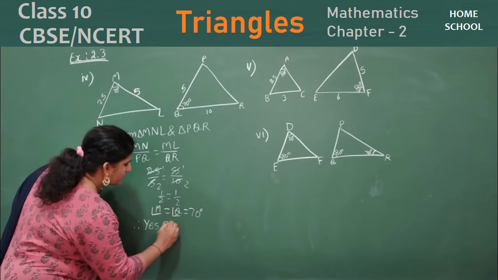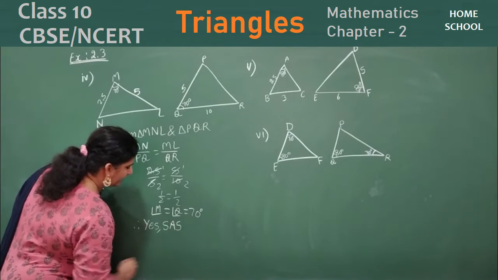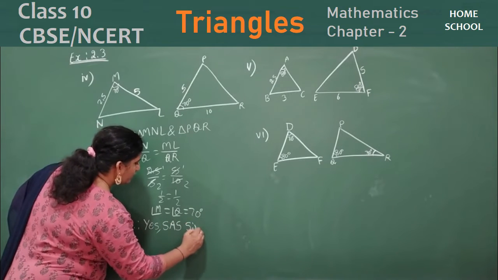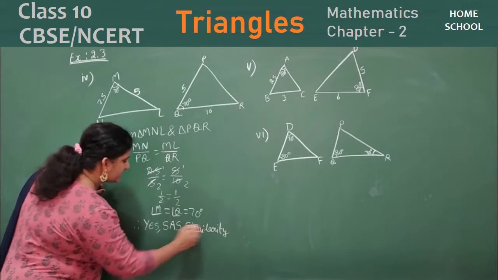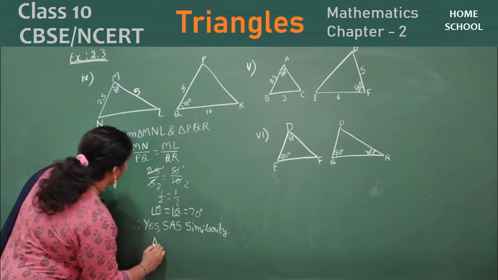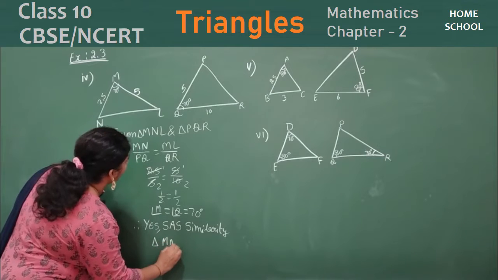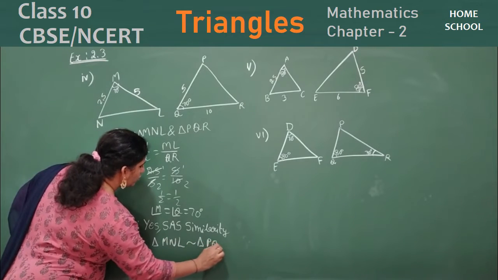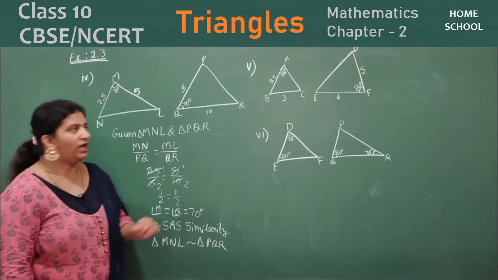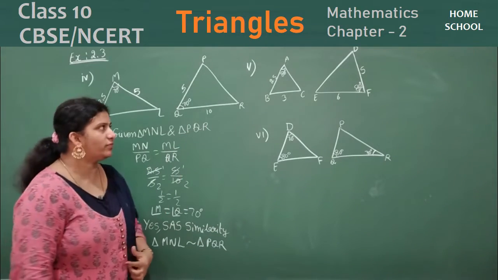That means by SAS similarity criteria, I can say that triangle MNL is similar to triangle PQR.